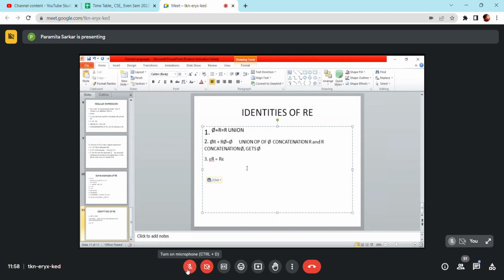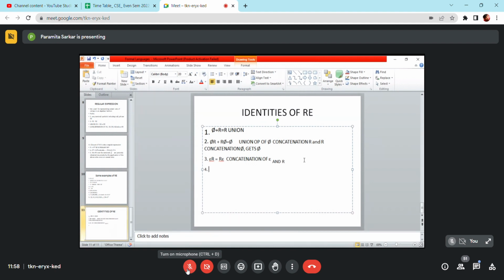That means if we perform concatenation of epsilon and r and vice versa, that remains the same.